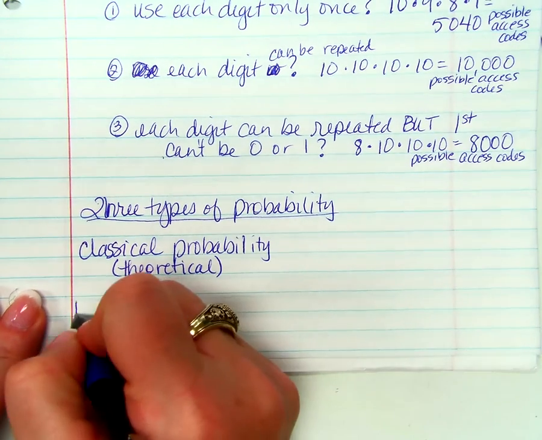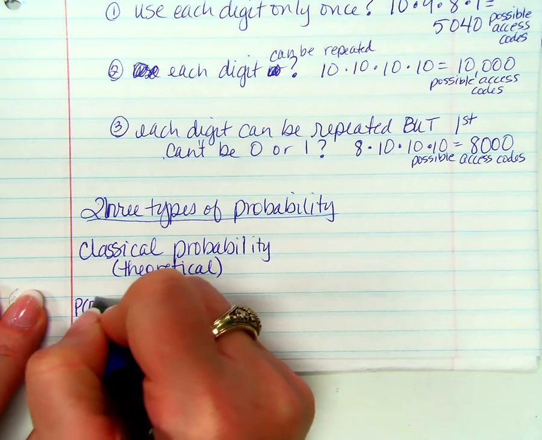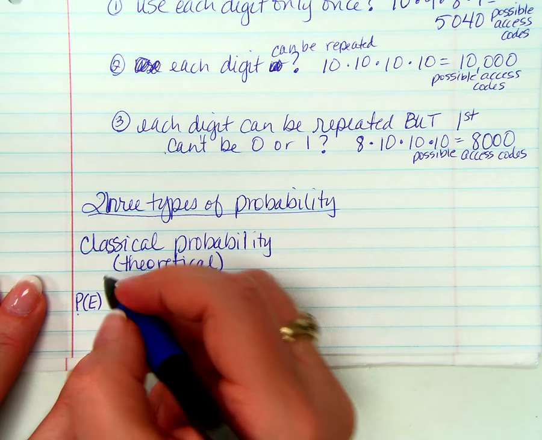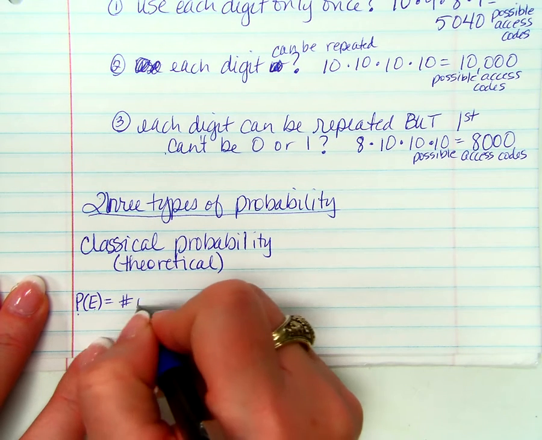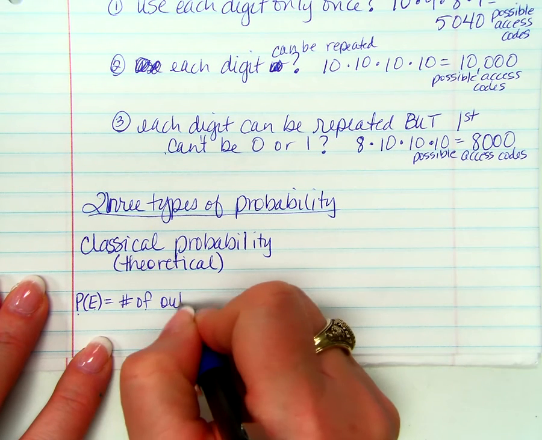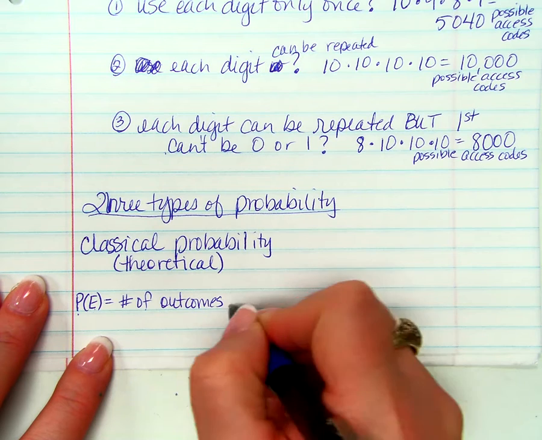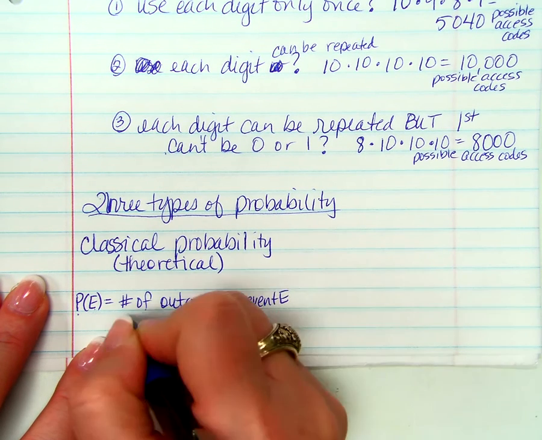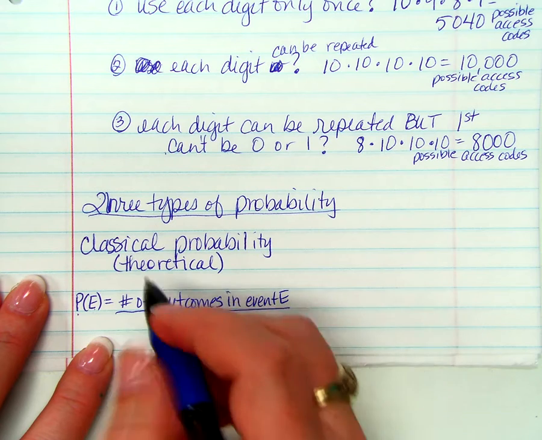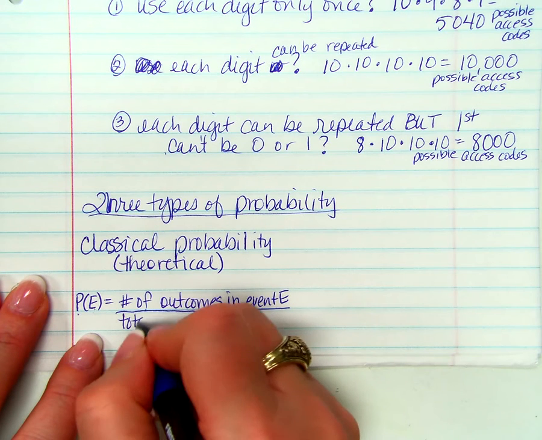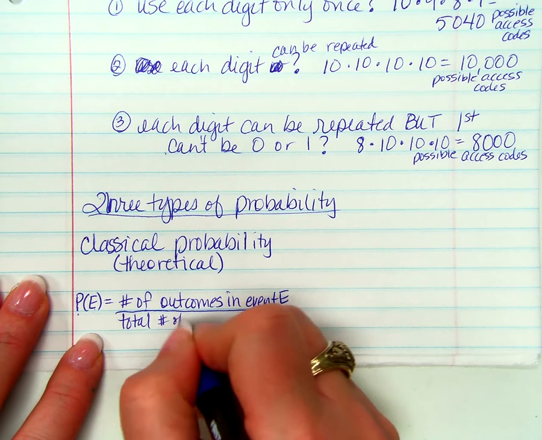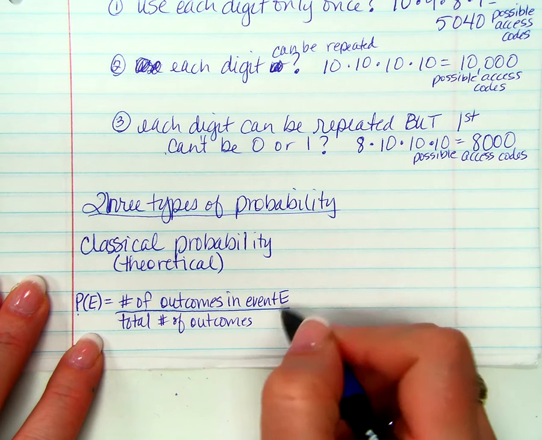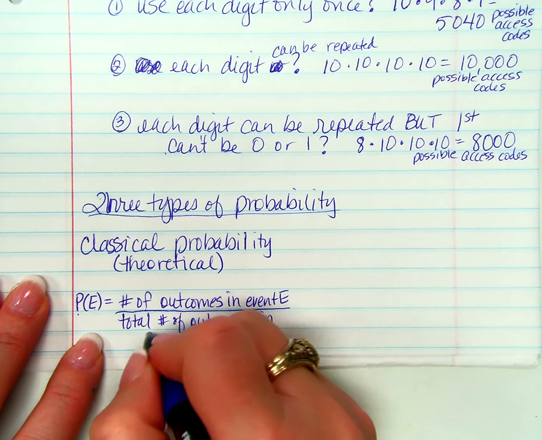The definition of theoretical or classical probability is the probability of an event is the number of outcomes in event E divided by the total number of outcomes in the sample space.